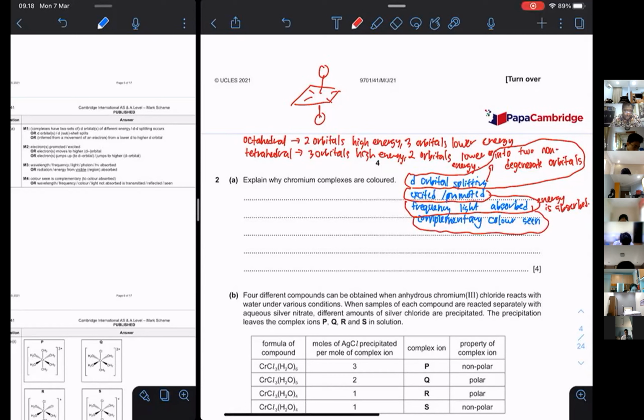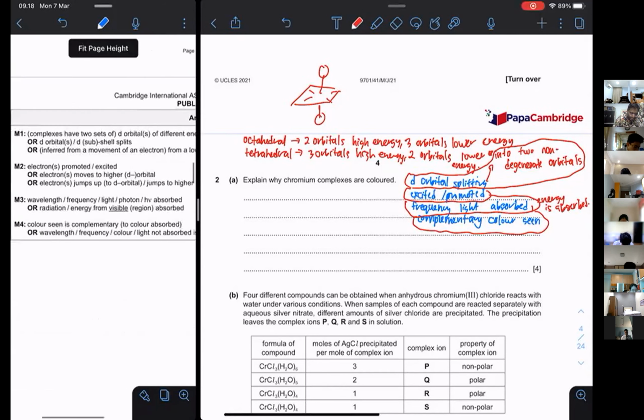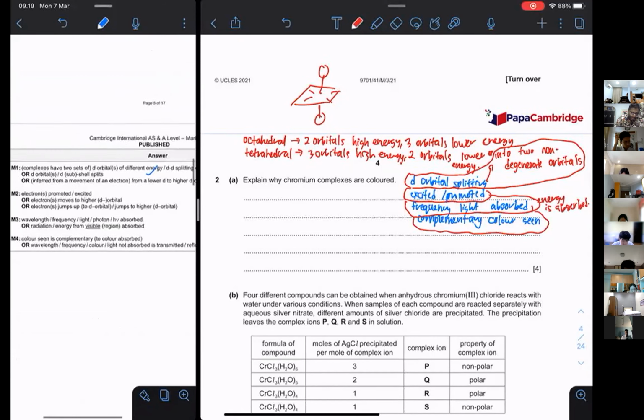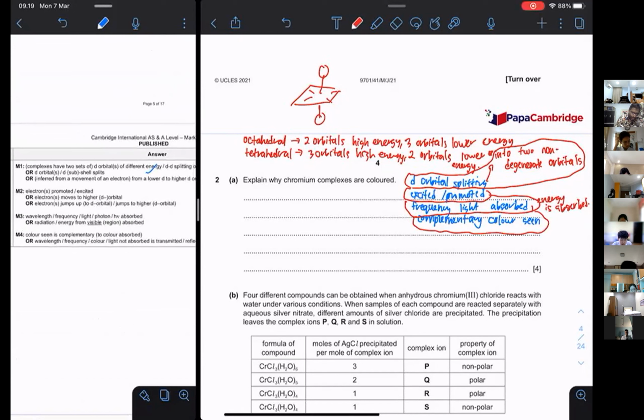If you look at the marking key, they say that complexes have 2 different energy levels. You can say d-d splitting or splitting of orbitals. I told you 2 non-degenerate orbitals might be included in the future marking key, and they say "or" is okay.